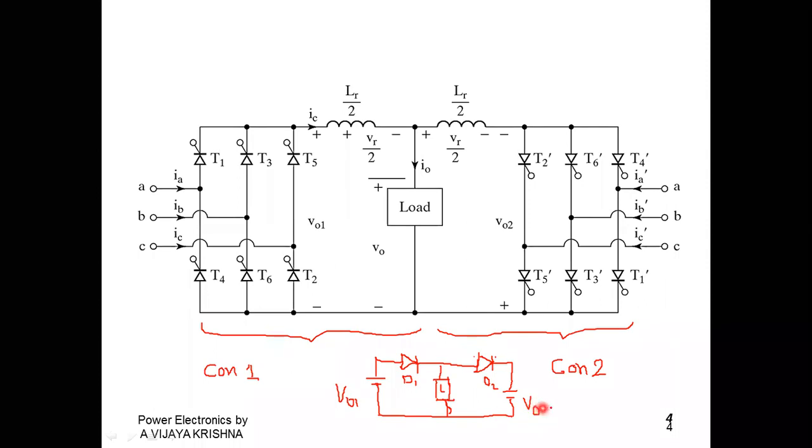This is completely the converter 1 output voltage, and this is the converter 2 output voltage. Please observe, V01 is the average output voltage from the three phase converter 1 circuit, and the converter 2 circuit gives V02. So I have shown it like this. This is the equivalent circuit of the three phase dual converter.